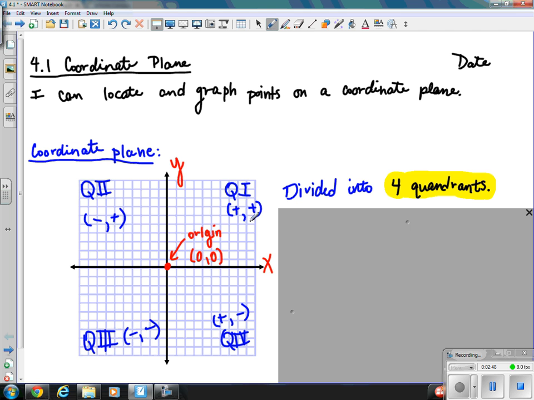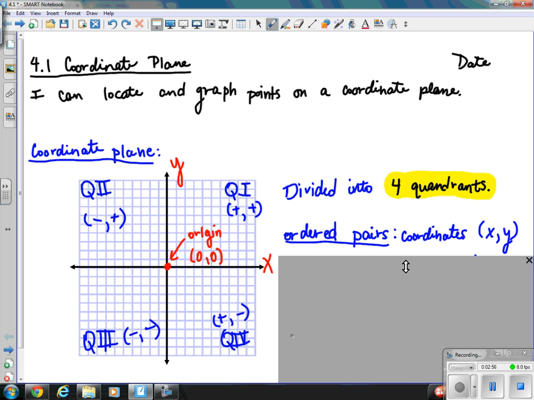Now, the way we write the positives and negatives for the quadrants are what we call our ordered pairs. And in our ordered pairs, our x value comes first, so it's on your x-axis. And then your y value comes second. So y value is up and down.